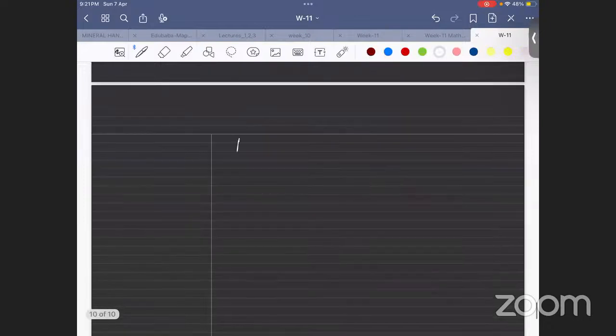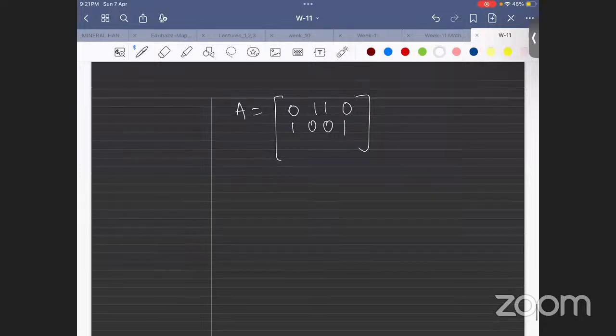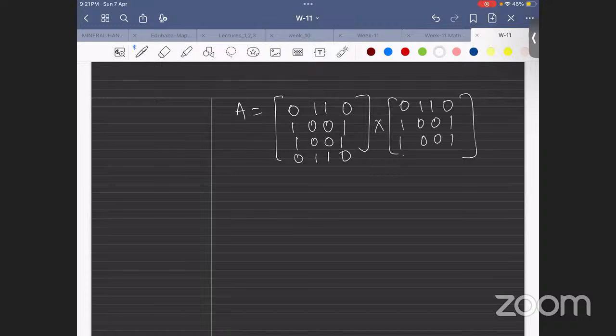Let's do it for this example. For A, we have the rows 0 1 1 0, 1 0 0 1, 1 0 0 1, and 0 1 1 0. If you multiply this with the same matrix again, what will you get?